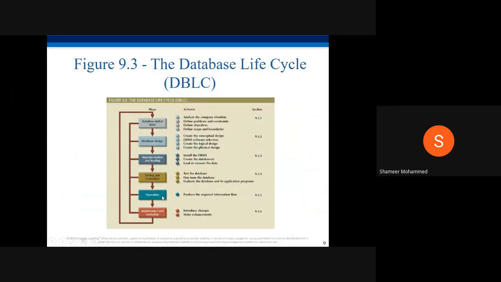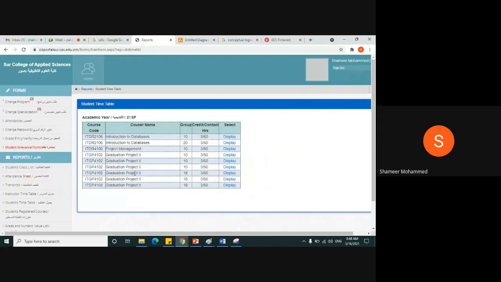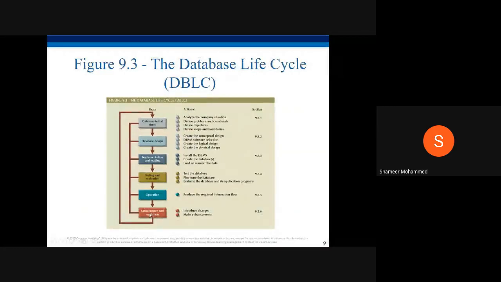In this operations phase. Last stage, maintain. Any changes you have to do, you can introduce the changes here in this system. Any updations, any corrections, those things you can do in the last phase of your database lifecycle, that is called maintenance and evaluation.